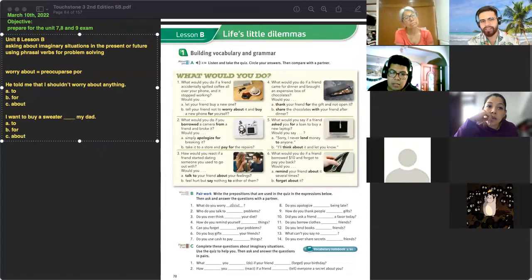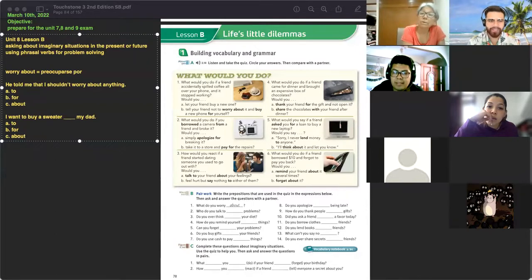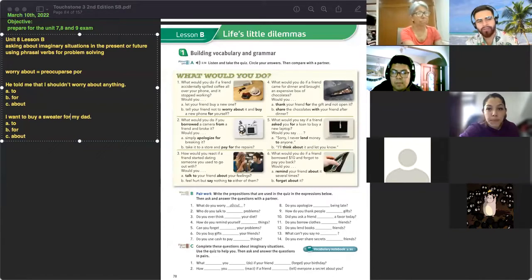What is the correct answer here? Comprarle una sudadera a mi papá. B. Letter B. Good. Good, good, good. Buy a sweater for. A lot of people say buy a sweater to, or buy something to.